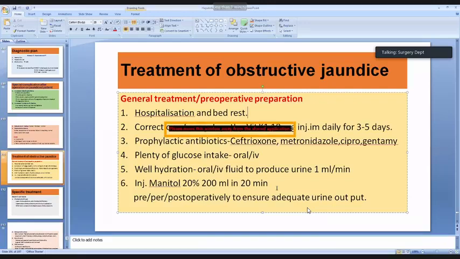It enhances the excretion of the bilirubin, and it ensures adequate urine output to prevent the hepatorenal syndrome. So preparation is hospitalization, injection vitamin K1 to correct the coagulopathy, prophylactic antibiotic, plenty of glucose intake, well hydration, oral or parenteral, injection mannitol or osmotic diuretics to enhance the urinary output.